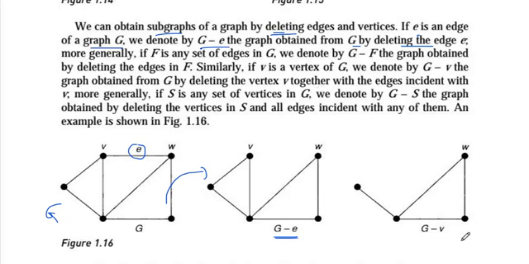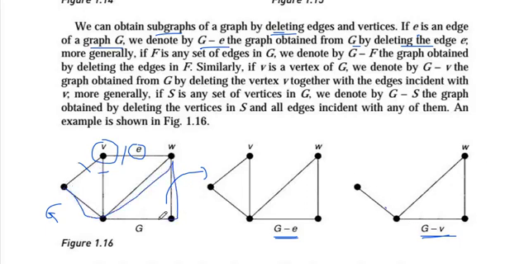Also we can obtain G−V. Here E is our edge, but if we want to delete a vertex, we delete this particular vertex and the edges related to it. So now we have only this.